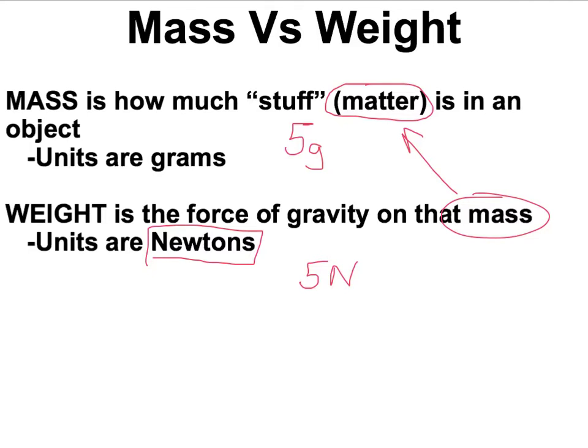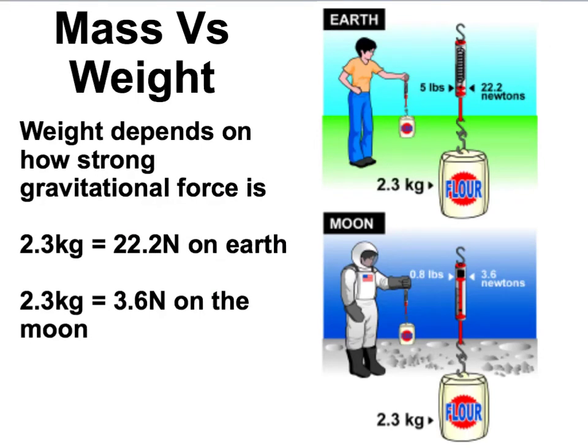I think the best way to understand the difference between mass and weight is to look at an example of how mass and weight can change or not. One kind of classic situation is comparing how the mass and weight of something differ on the Earth and on the Moon. So remember, weight was the force, and it was the pull of gravity on how much stuff or mass was in something.